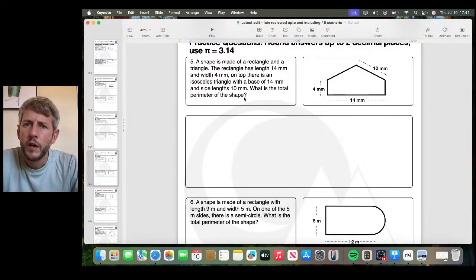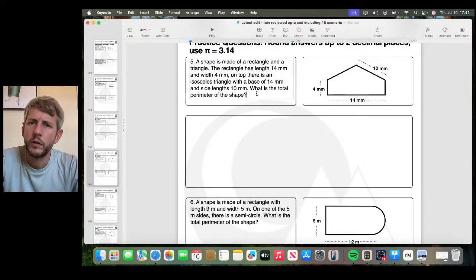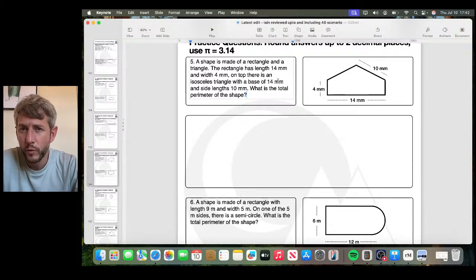Here we go. A shape is made of a rectangle and a triangle. The rectangle has length 14 millimeters and width 4 millimeters. On top there is an isosceles triangle with a base of 14 millimeters and side lengths 10 millimeters.